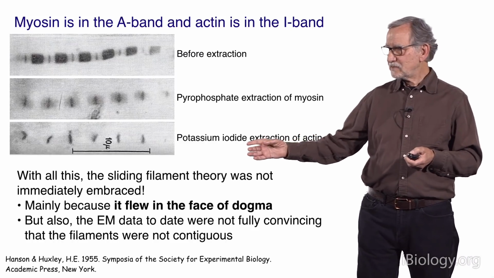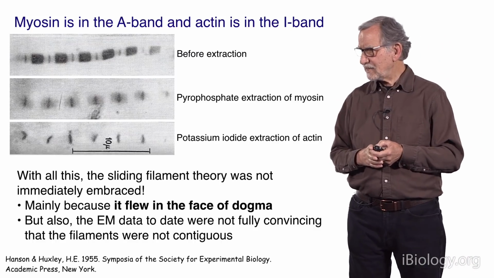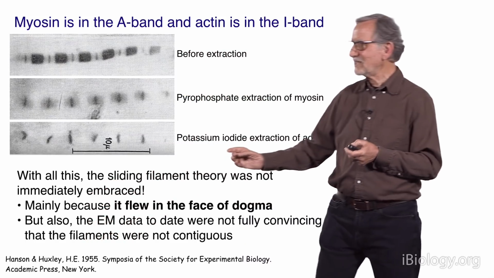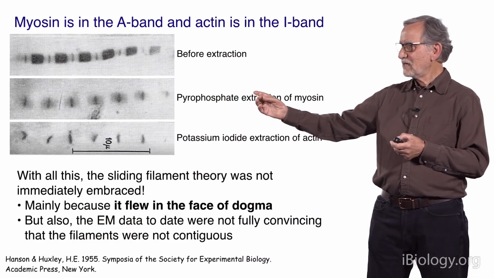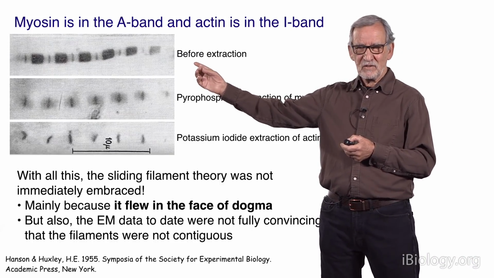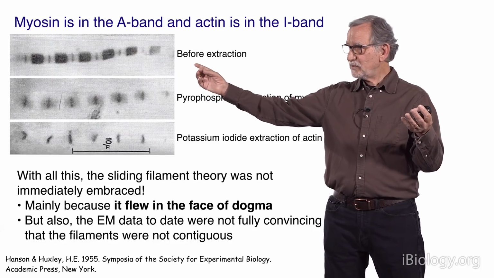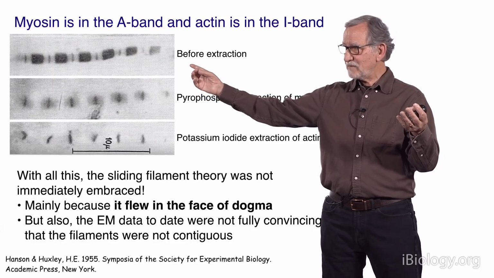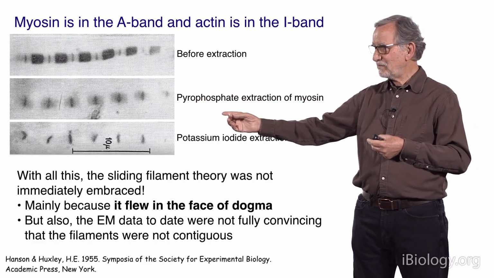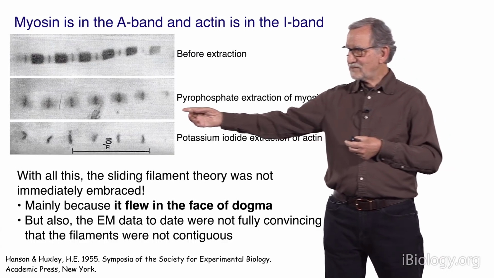Well, we know that because Hanson and Huxley in 1956, in this paper, I think it's 1955 actually, showed myofibrils before extraction with anything. So the myofibrils have been extracted from the muscle cell, but not treated with anything, and you see the A and the I bands quite nicely. And now when you extract those isolated myofibrils with pyrophosphate, the A band disappears.